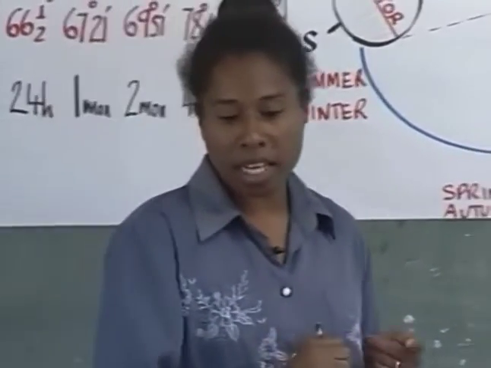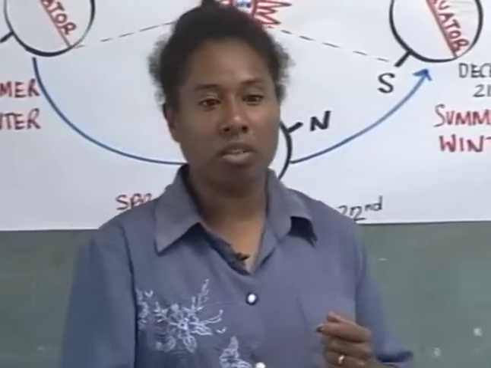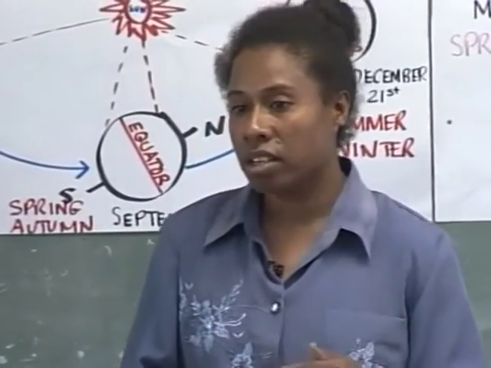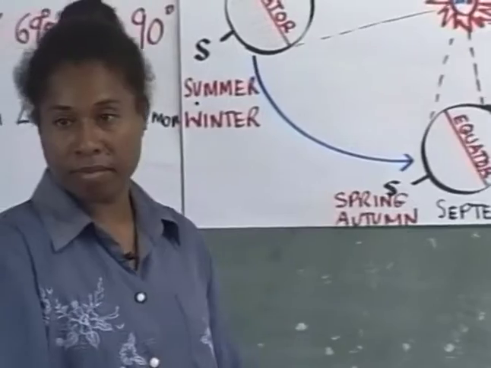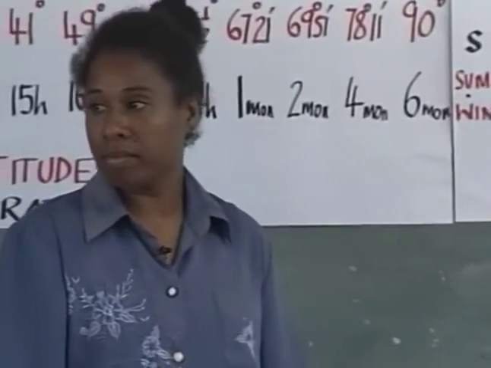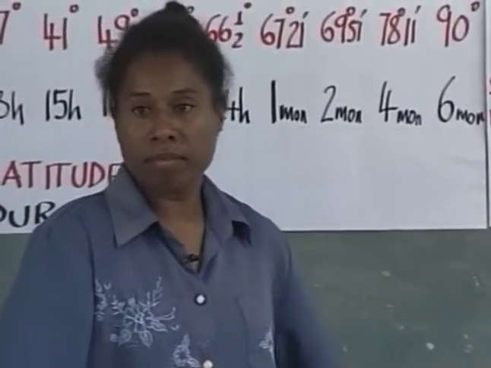Catherine, what do you understand by the term solstices, or explain in your own words the term solstices? Two periods of the year when the sun is directly above the tropics. There are two seasons involved, winter and summer.